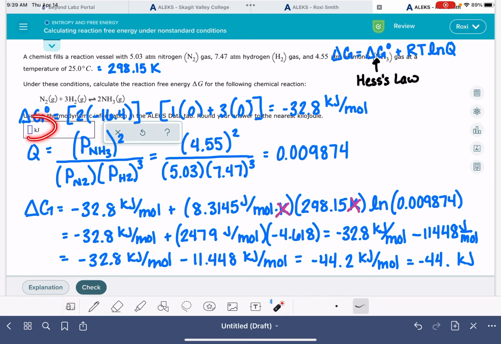Now notice the ALEKS unit is just kilojoules, not kilojoules per mole. Sometimes the per mole part is left off. Don't even stress about that. I'm getting kilojoules per mole over here. Essentially, it's the same thing as just kilojoules. So the answer that ALEKS is looking for is negative 44 kilojoules.